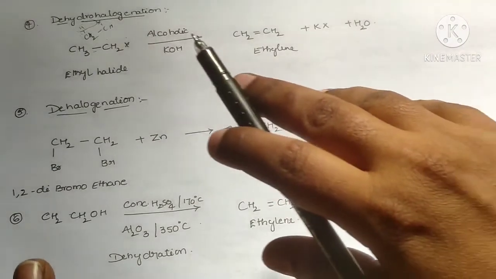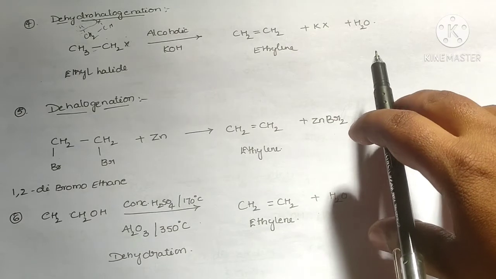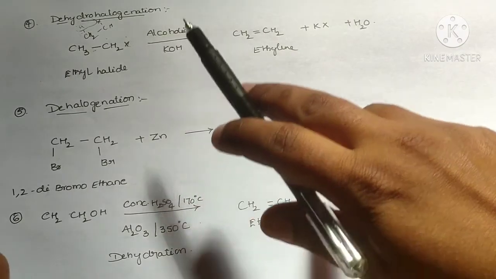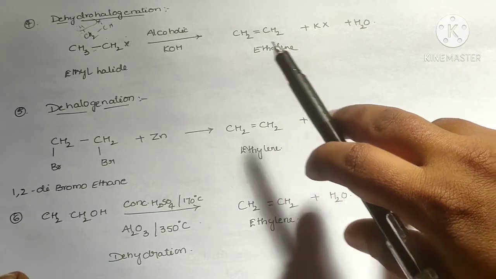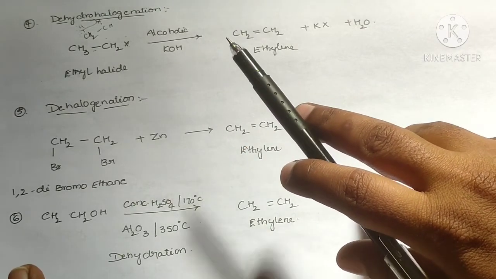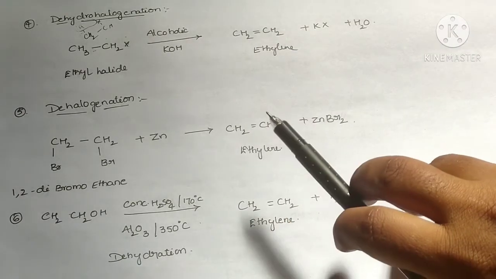So hydrogen and halogen are removed in the form of KX and H2O. So the alkyl halide on adding alcoholic KOH produces ethylene. Dehydrohalogenation means the removal of hydrogen and halogen.